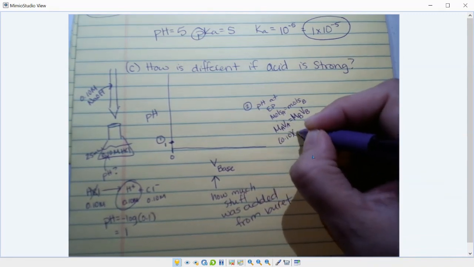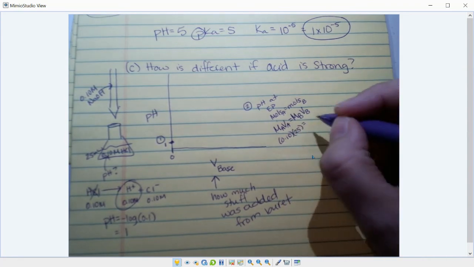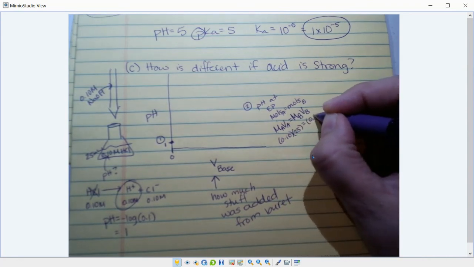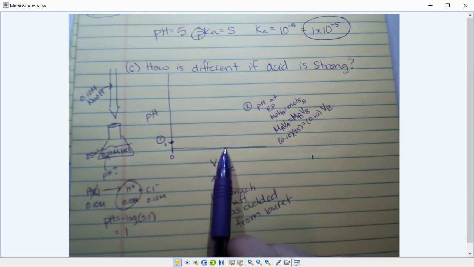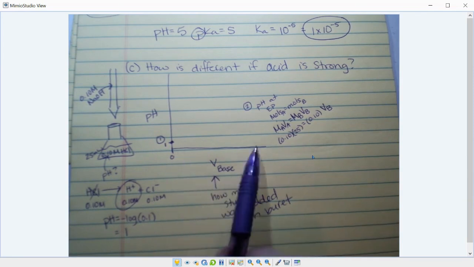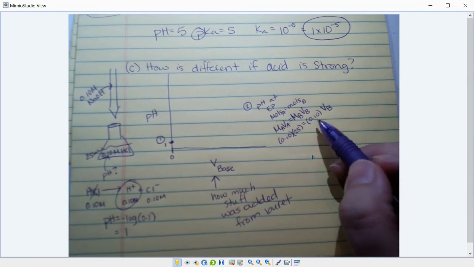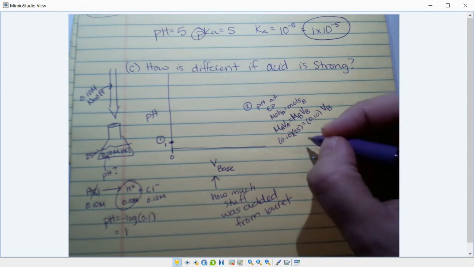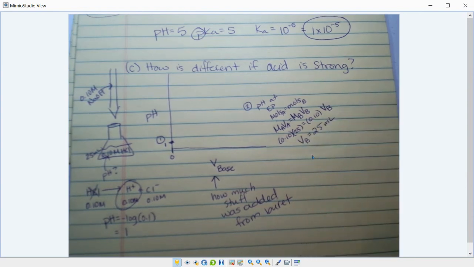The volume of the acid that we started with was 25. I'm going to set that equal to, they told us the molarity of the base to be 0.1. And we want to know the volume of the base, because we're trying to figure out where that point lies. Hopefully you can recognize that that's pretty simple, things cancel out. So the volume of the base is 25 milliliters.